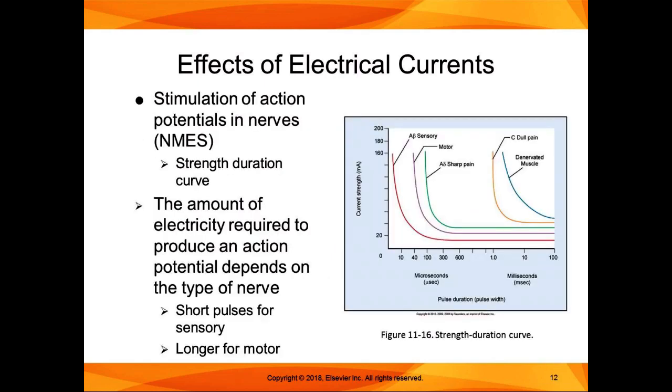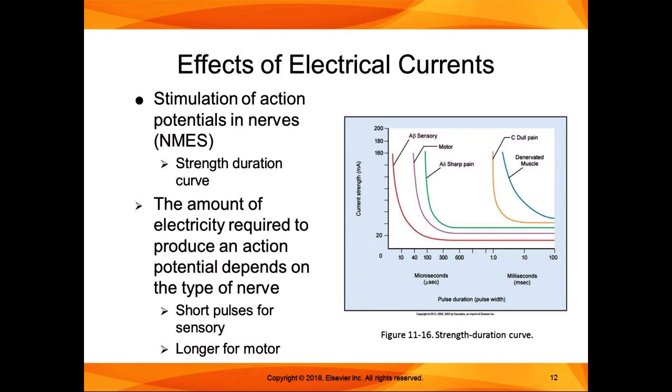So the stimulation of action potentials in nerves, which is also known as NMES, neuromuscular electrical stim, is the strength or amplitude of the electrical current you're applying and the duration of the pulse is going to determine which type of nerve you stimulate.